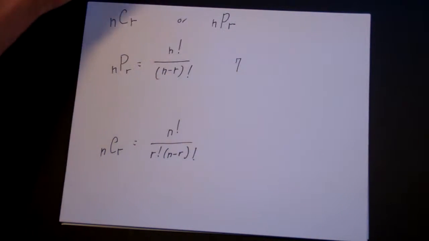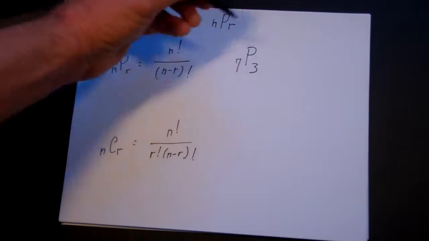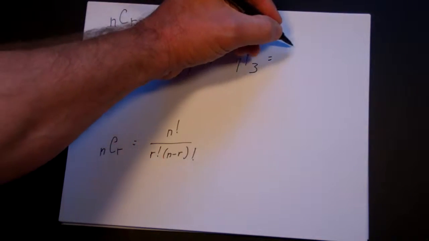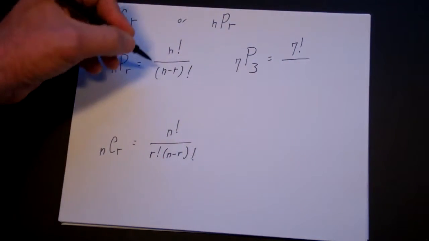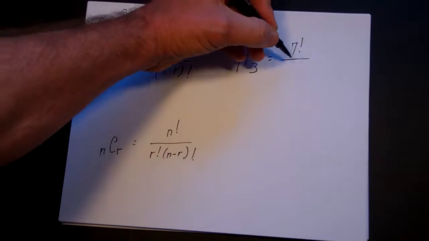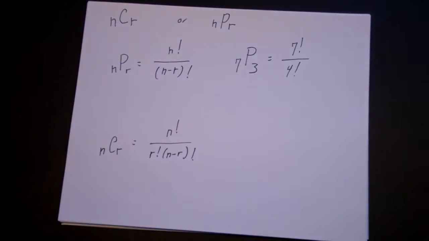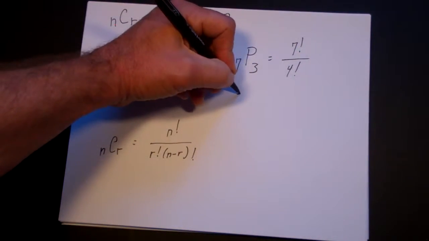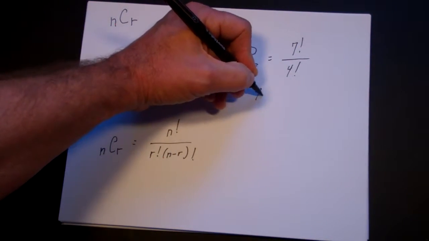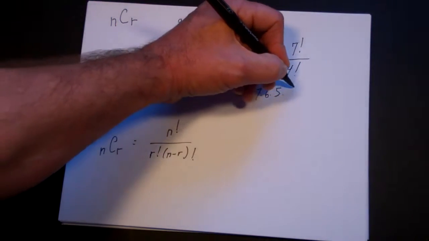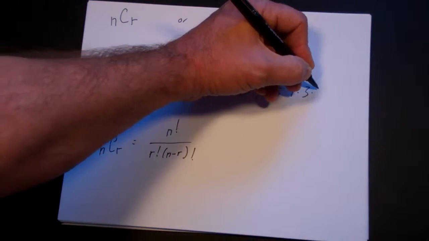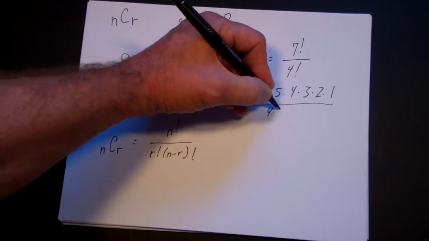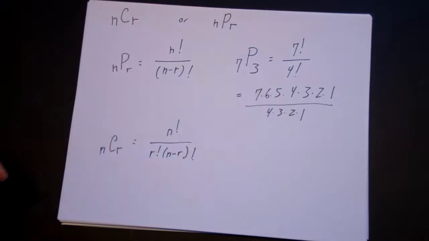Let's do this real quick. Let's do 7P3, and that's the way we actually say this. That's 7 factorial over 7 minus 3 factorial, or 4 factorial. Usually there's a button on a calculator, but for simple ones you can do it in your head, because 7 factorial is 7 times 6 times 5 times 4 times 3 times 2 times 1, and 4 factorial is 4 times 3 times 2 times 1.